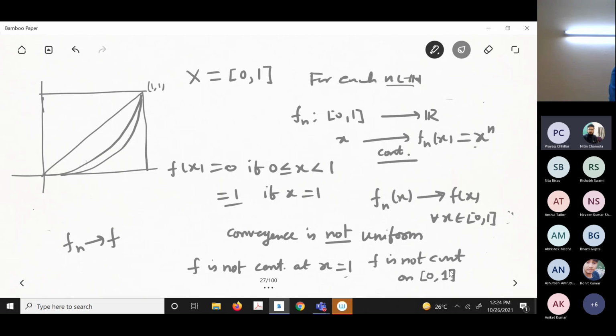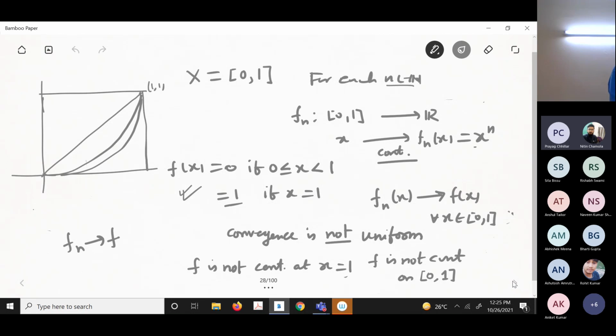So the sequences are also nice, and it is converging to this limit function, and that is not continuous. Right? And you see what the problem is? Problem is this 1. Why is 1 a problem here? Let me tell you that. If you go for uniform convergence, you see the 1 is giving the trouble.